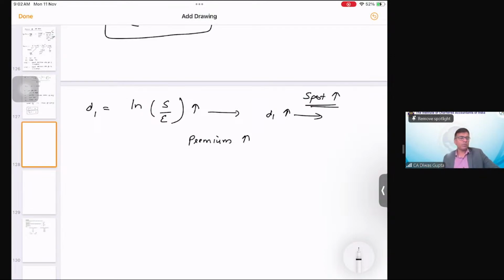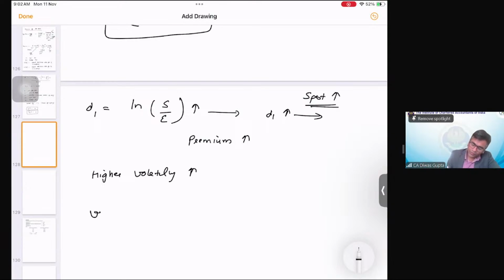Similarly, if I talk about volatility, if volatility is higher, it should drive the premium higher, because high volatility means risk is higher. If risk is high, then premium should also be high.